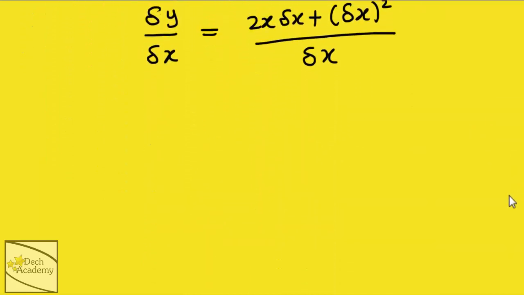And for that situation, delta y over delta x, which is the gradient of the line joining A and B, is the gradient of the tangent to A, which means it gives you the gradient of the curve at point A. And to do that, I have to say the gradient of the tangent at point A is given by dy/dx, which is equal to delta y over delta x.